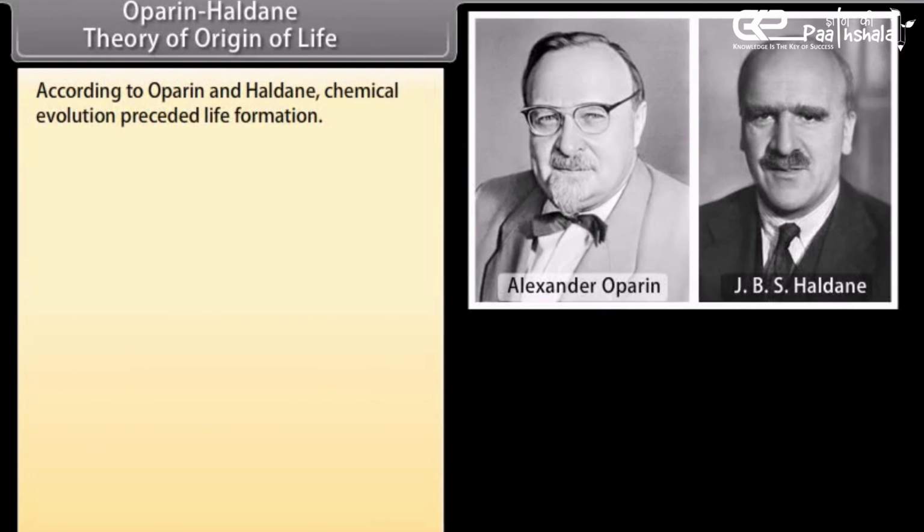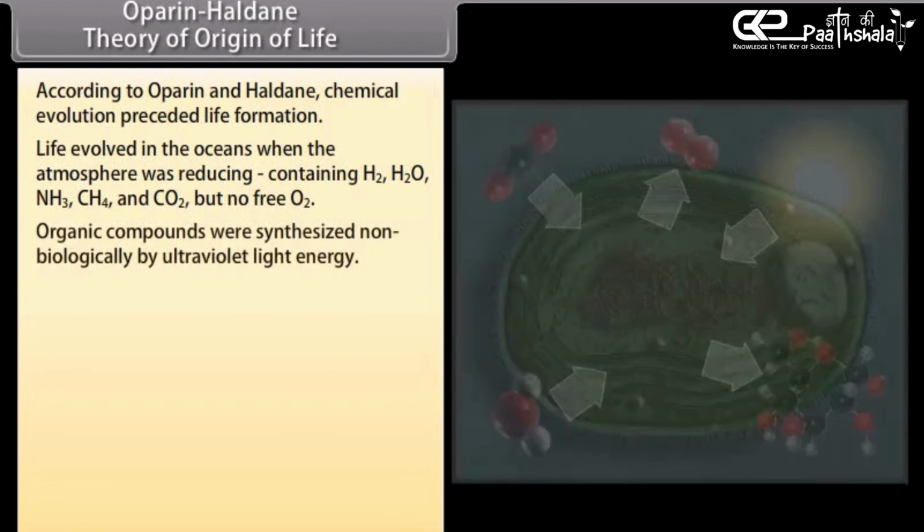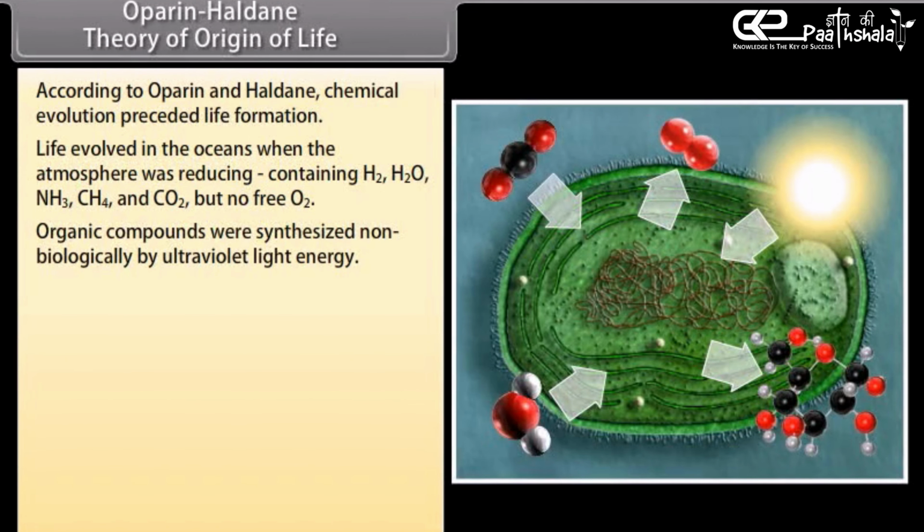Oparin-Haldane theory of origin of life. According to Oparin and Haldane, chemical evolution preceded life formation. Life evolved in the oceans when the atmosphere was reducing, containing H2, H2O, NH3, CH4, and CO2, but no free O2. Organic compounds were synthesized non-biologically by ultraviolet light energy.